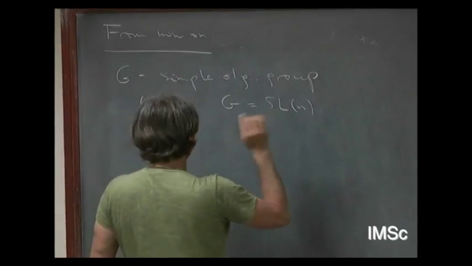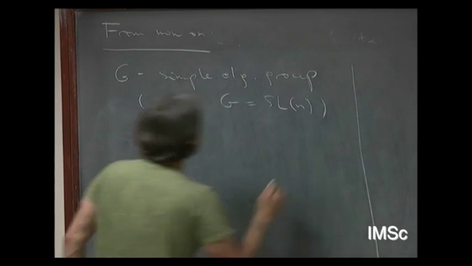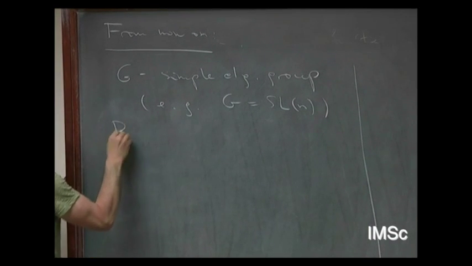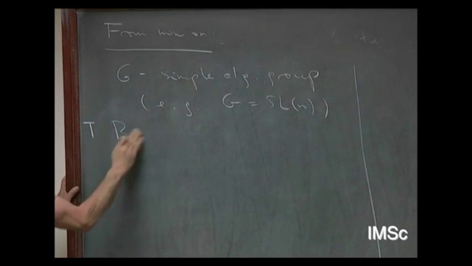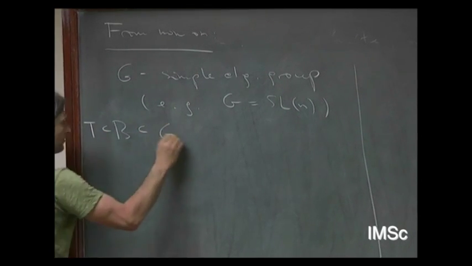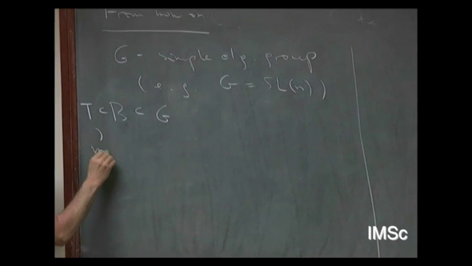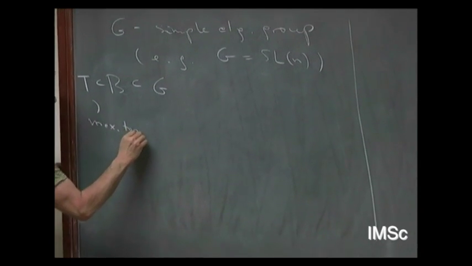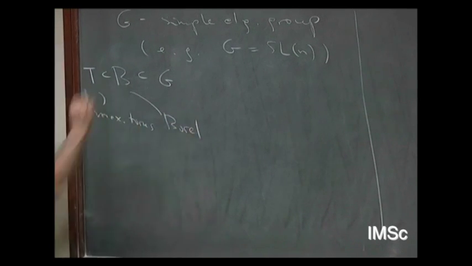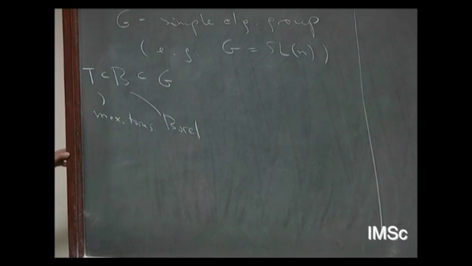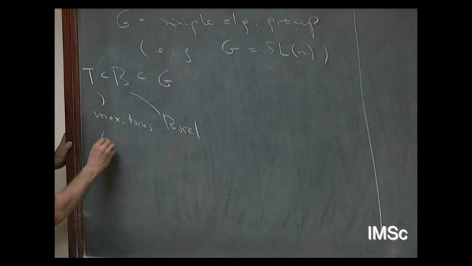So from now on, we work over complex numbers only. Now B is the standard... So we fix... So this is the maximal torus. This is the chosen Borel subgroup, and then I have corresponding Lie algebras.